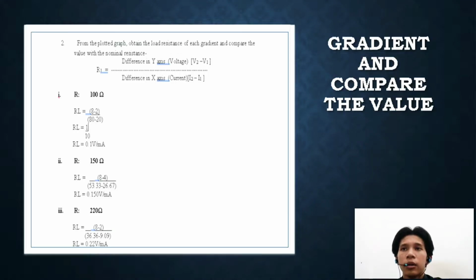From the plot graph, obtain the load resistance of each gradient and compare the value with the nominal resistance.